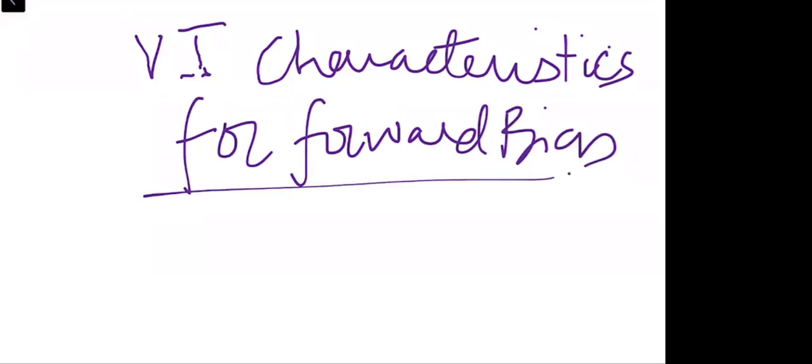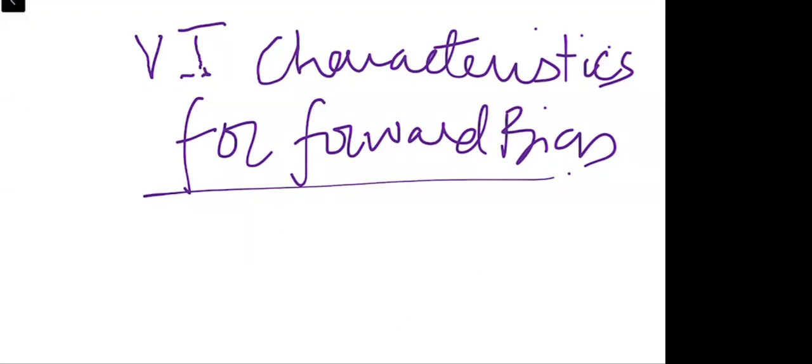What can occur when we make the diode forward biased? What will happen to the voltage, what will happen to the current, and how can we draw the curve between voltage and current?